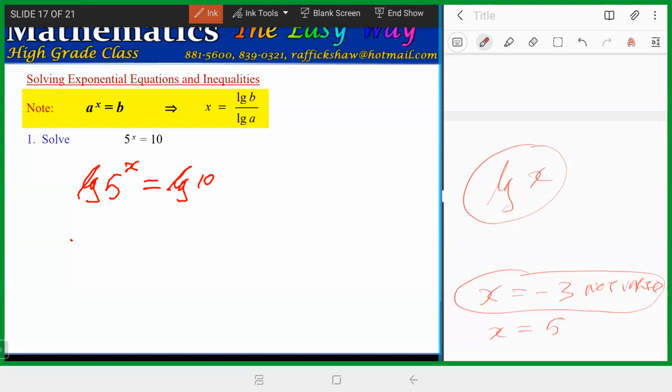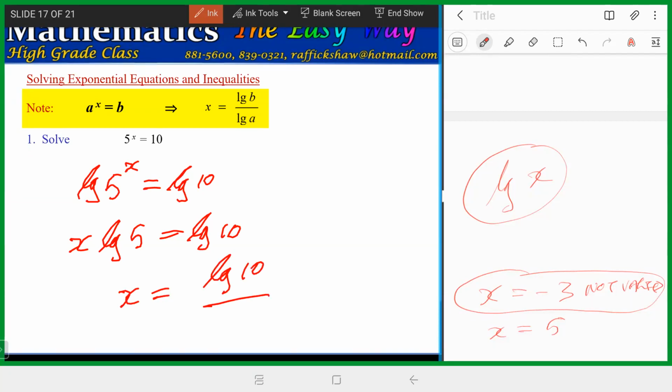So you will get x log of 5 equals log of 10. And then divide by log of 5. So the x would be the log of 10 divided by the log of 5. And the calculator is going to give you the exact same answer for both of them.